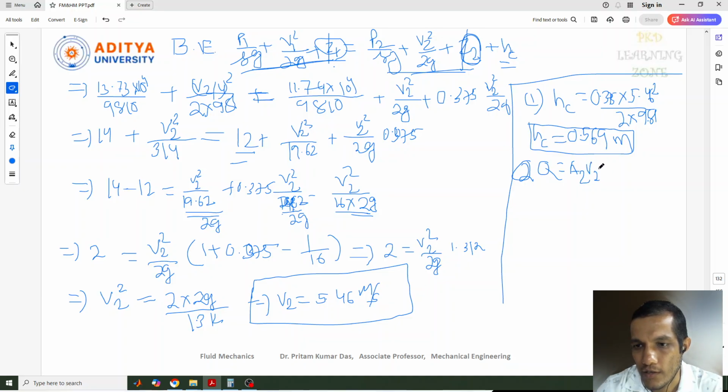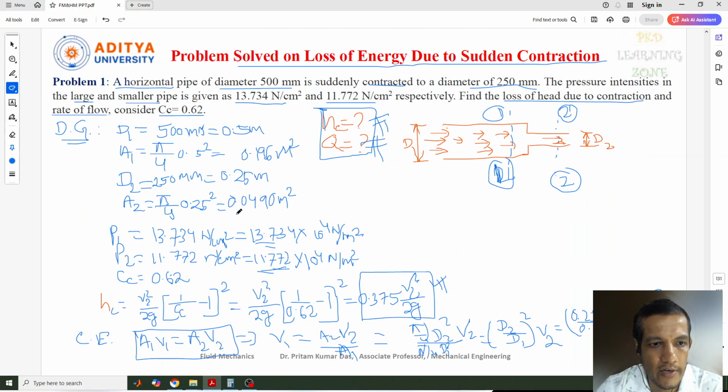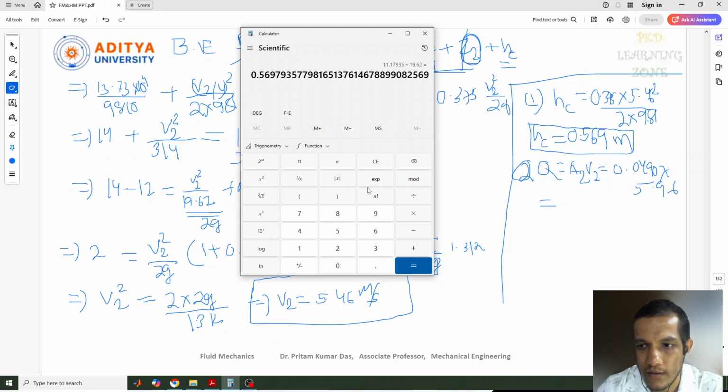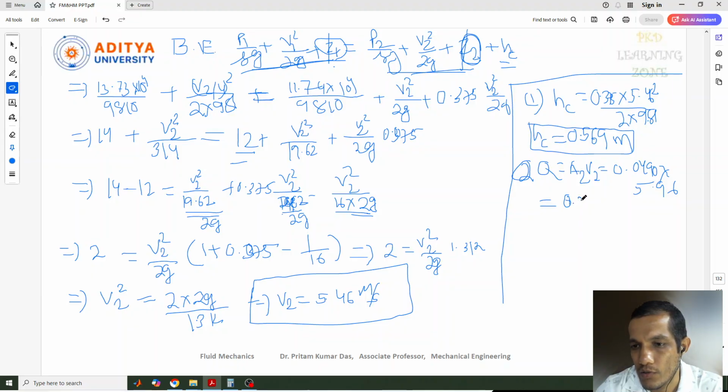Here the A2 value we got already, 0.0490, into V2 5.46. Multiplying, we get 0.292, this much meter cube per second.